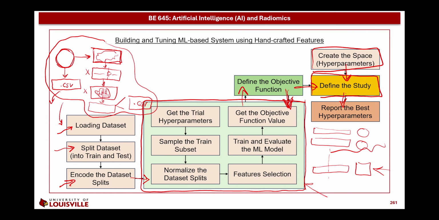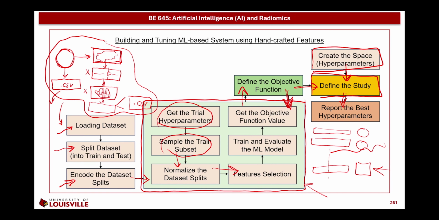So the traditional approach is to get the trial hyperparameters, then sample the train subset, and we are only oversampling or undersampling the training subset. Then we are normalizing the data splits. You are normalizing the train split individually and the testing split individually. Then we are applying feature selection to select the most promising features.